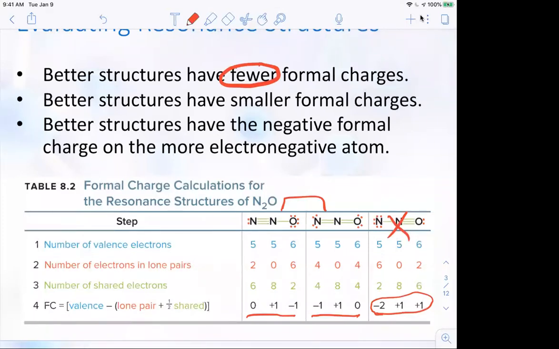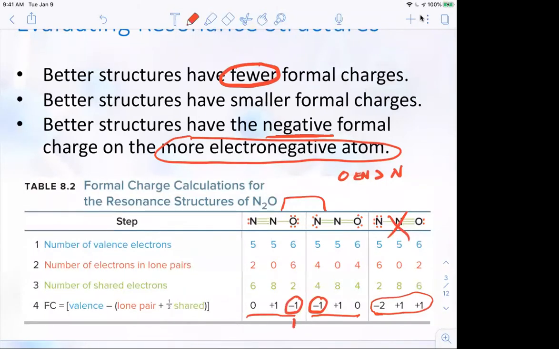So I'm looking at rule 3 then. When the negative formal charge is on the more electronegative atom, it's a better structure. Oxygen, in terms of electronegativity, is greater than nitrogen. So I want the negative charge to be on oxygen because that's the more electronegative atom. Here, this one has the negative charge on oxygen and this one has it on nitrogen. So this structure is actually the best structure of those 3.